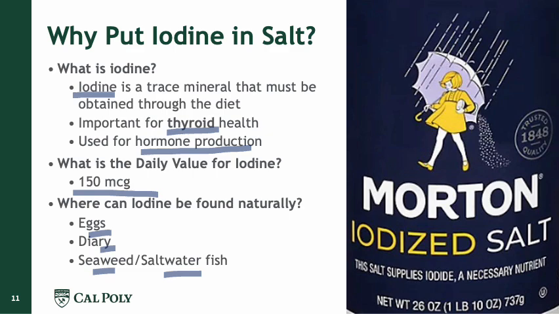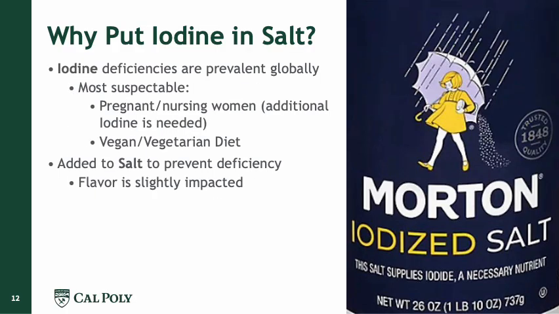So we're fortifying our salt with iodine to avoid thyroid and hormone production problems. And since everybody consumes salt, this will guarantee that the whole population is getting the iodine they need, and we will not have deficiency problems. So who is susceptible to iodine deficiency?